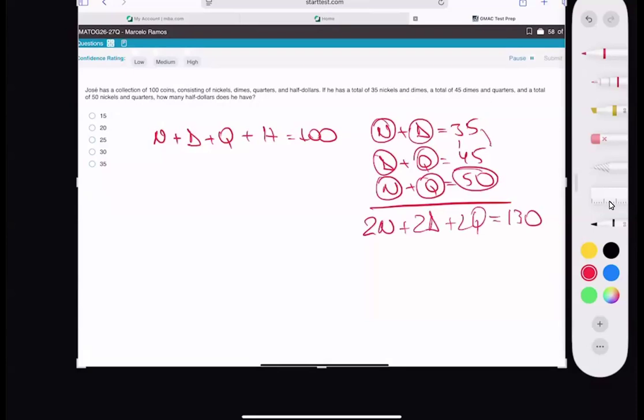Divide everything by 2. N plus D plus Q is 65. Do you guys agree? So the half dollars are 100 minus 65, which is 35. Easier?